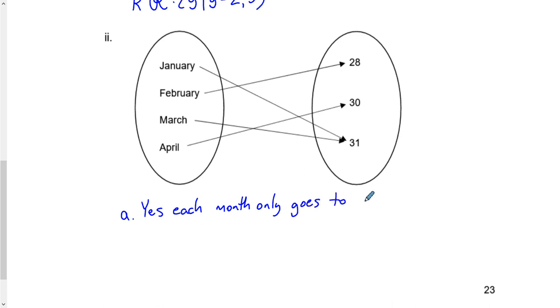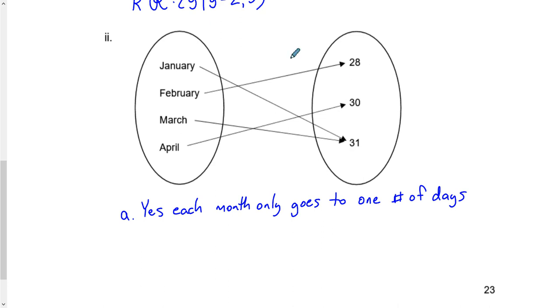Each month only goes to one number of days. Now, you might make the observation that February could have 28 or 29 days, but in 2023, when this video is being made, February only has 28 days. It doesn't have 29. We're not dealing with a leap year. 2024, that's a different story.